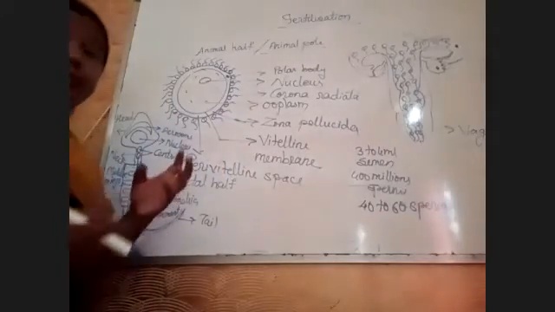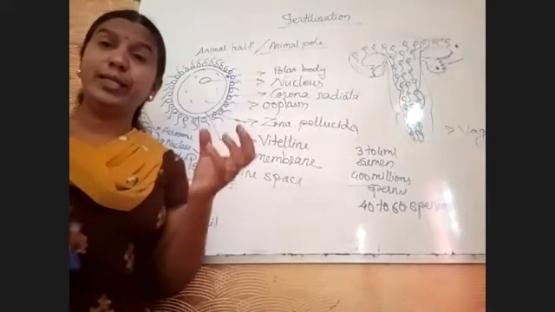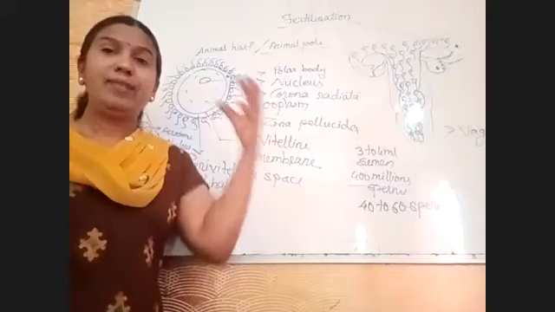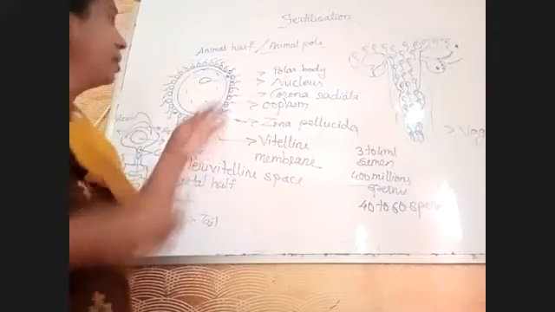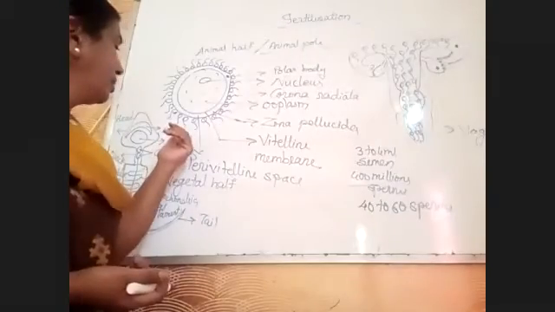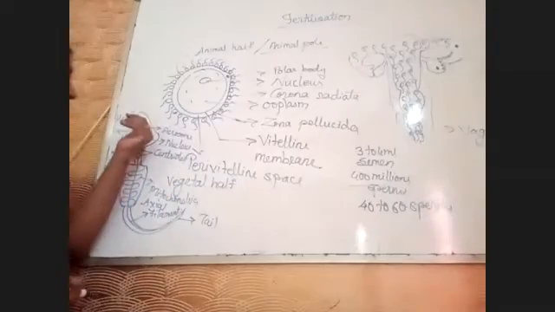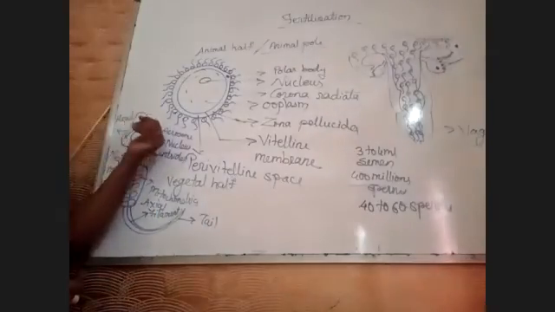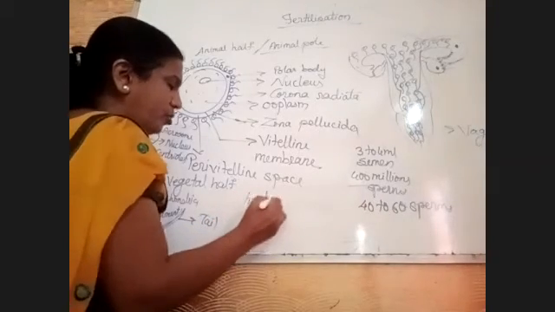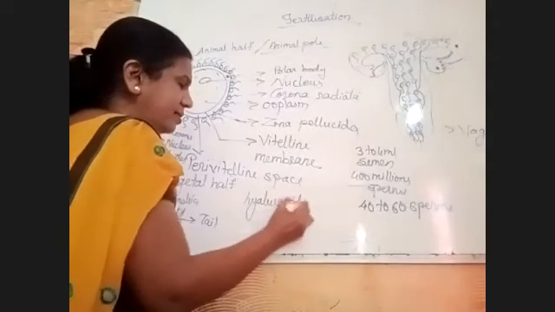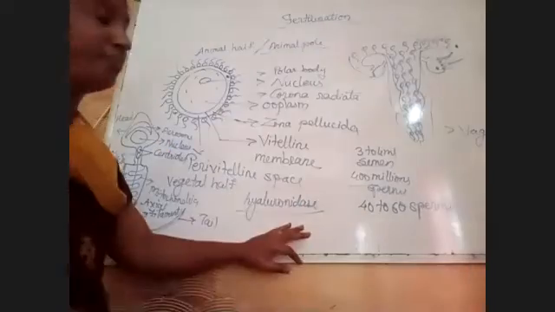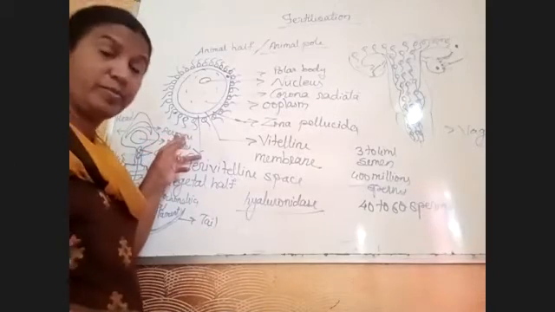So here, due to fertilin and anti-fertilin reactions, they will adhere to each other. Then the acrosome, which is present in the head of this sperm, will release an enzyme called hyaluronidase.